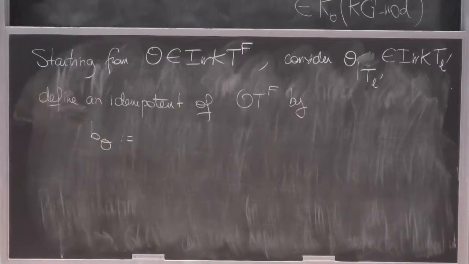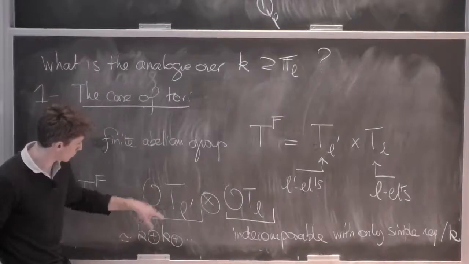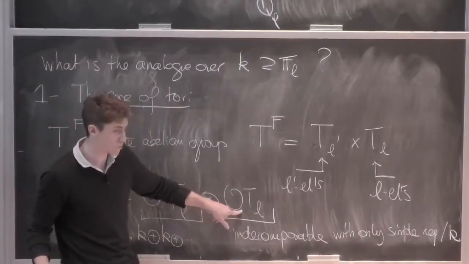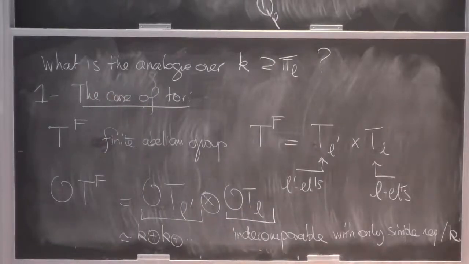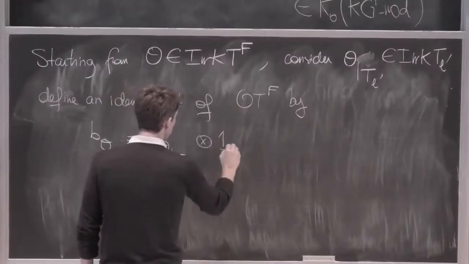On that side, use this decomposition: you take the idempotent corresponding to theta, to the block corresponding to the restriction of theta. And on this one, you don't have the choice. It's indecomposable, so you just take the unit. So E theta restricted to TL prime times 1.